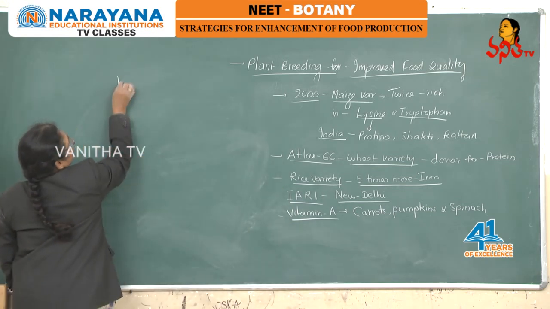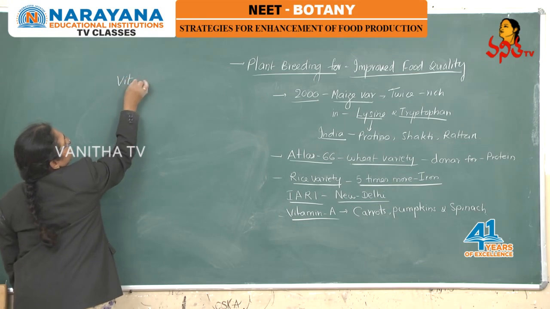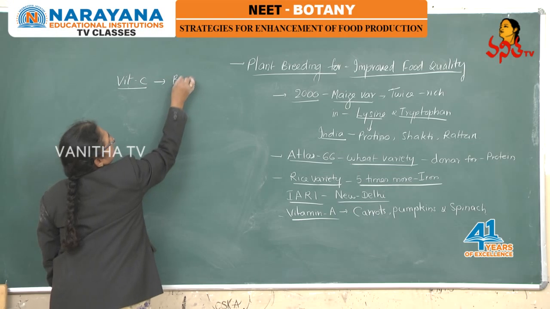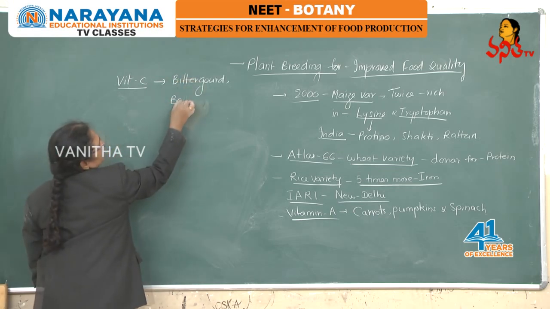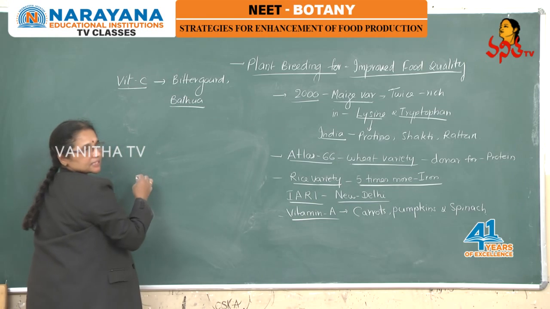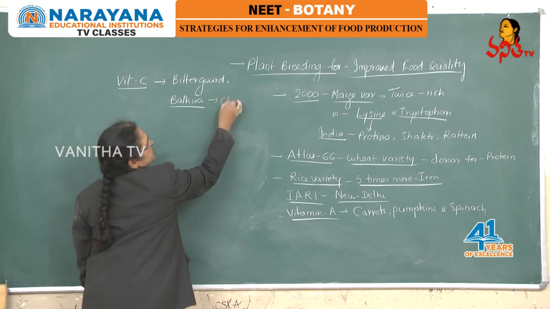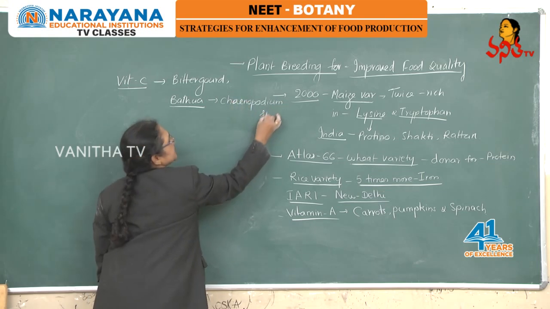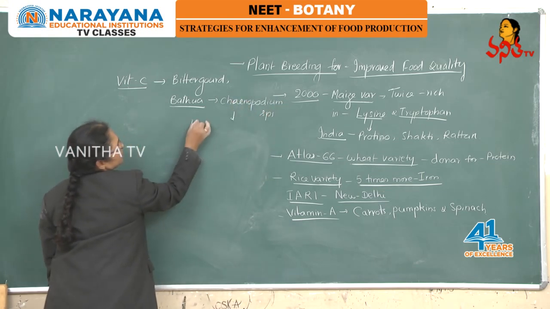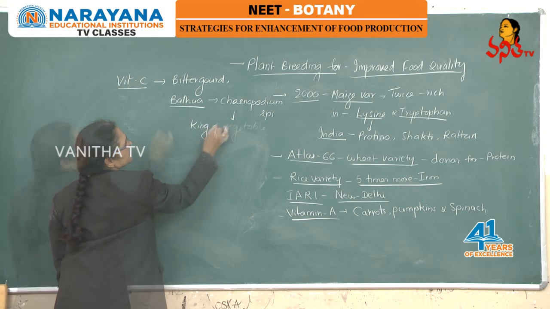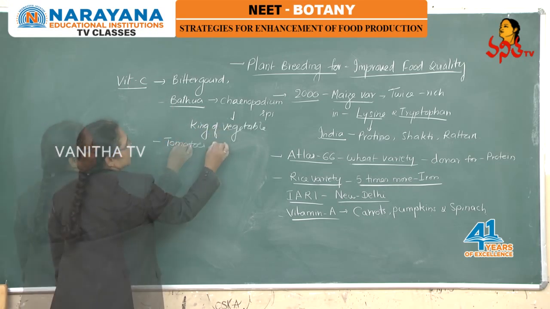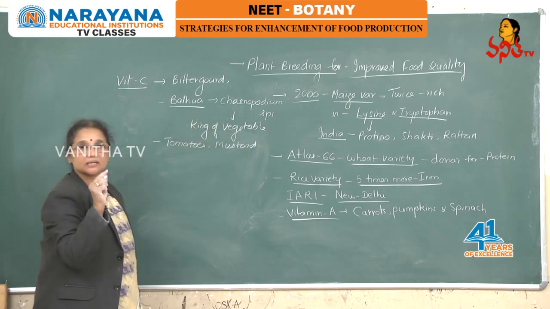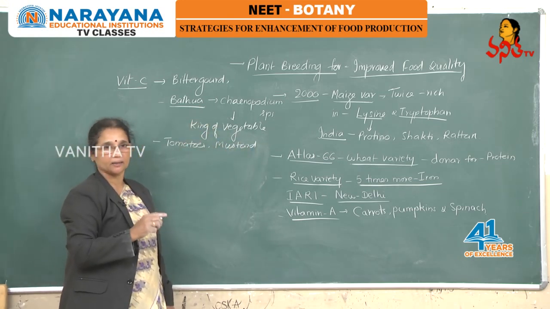Similarly, the crops which are rich in vitamin C are bitter gourd, bathua, a leafy vegetable of Chenopodium species which is called the king of vegetables, tomatoes, and mustard. All these crops are developed by IARI.